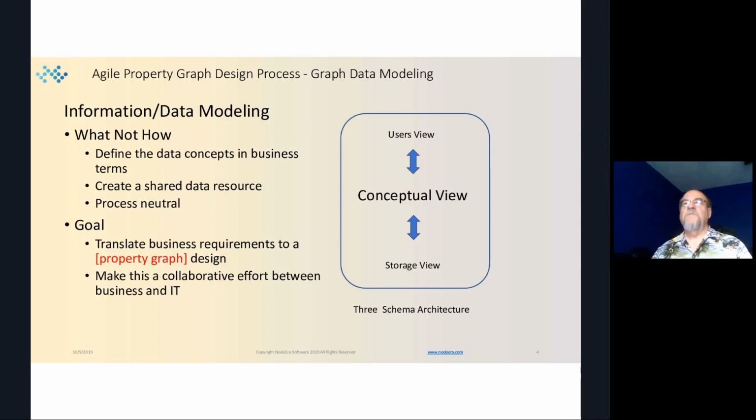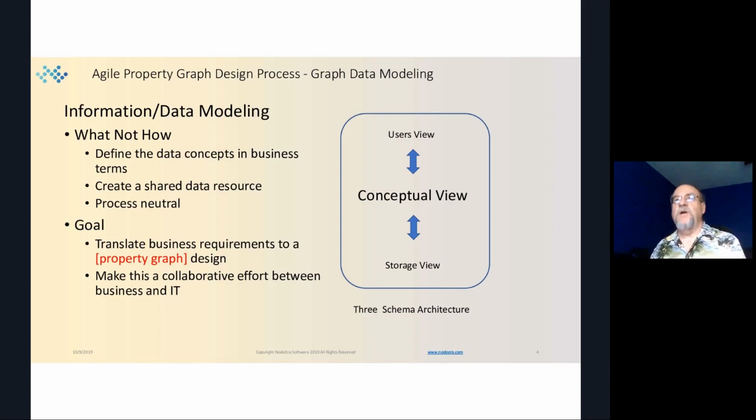So first, let's start with a little context setting. When we talk about information or data modeling, what we really want to strive for is we want to define what the data means. And that's what the phrase what not how is referring to. So we want to talk about the what of data, not necessarily the how we're going to use it or how it got there.